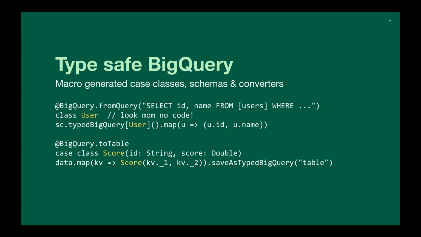In our case, we use Scala macros to generate type-safe case classes at compile time. So in this case, we have a query that selects ID and name from a certain table with a class User. We don't have to handcraft code to populate the fields in this User class, and it's generated by the compiler for us.